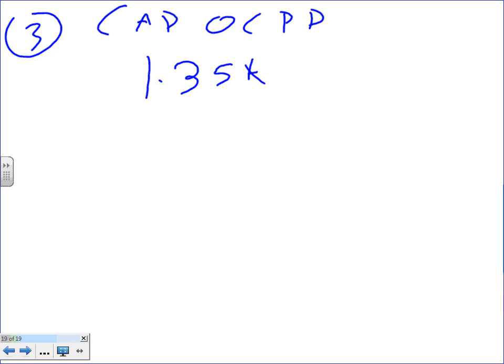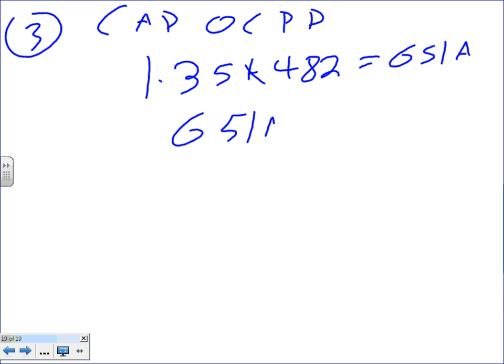Number 3 is, guys, the overcurrent protection device, the cap overcurrent protection device. Here's what I would do, guys, and I'm going to tell you a disclaimer: 35 times, I do the same thing. 482 equals 651 amp, and you take the 651 amp.